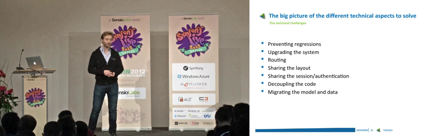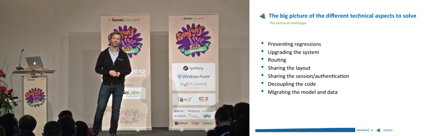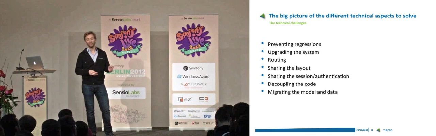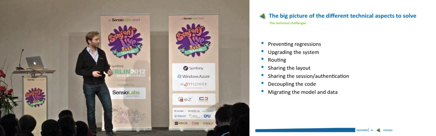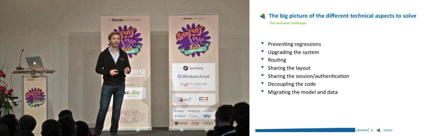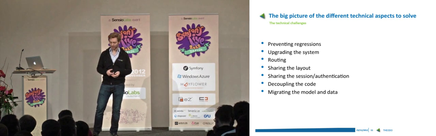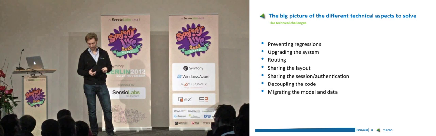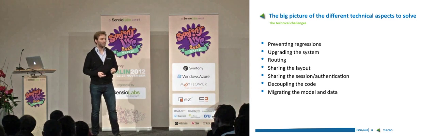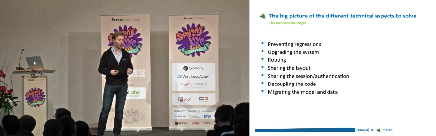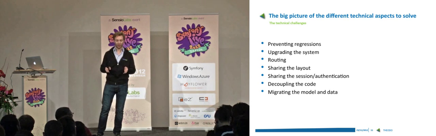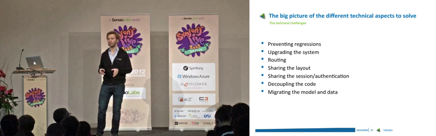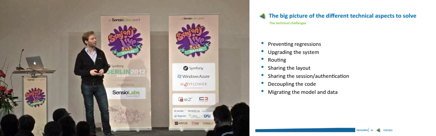Then, of course, you will need to upgrade the system, because most of the time your legacy application is on a system that is not compatible with Symfony2. Then you will have the routing aspect that was also briefly discussed yesterday in the Easy Publish presentation. So how to say, okay, this request goes to the legacy application, this request goes to the new version.